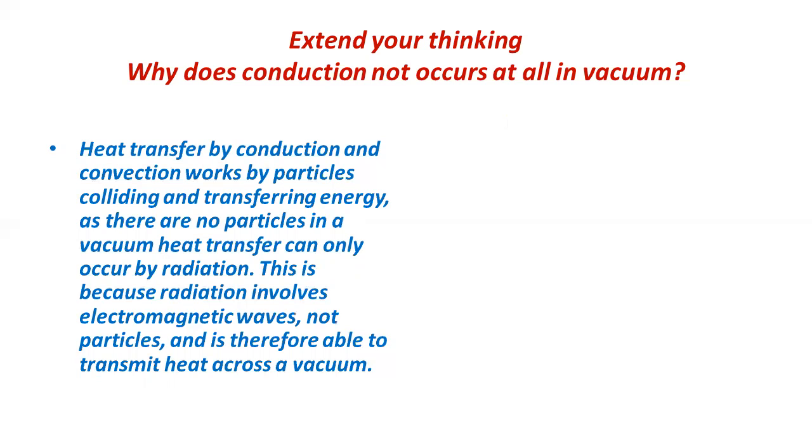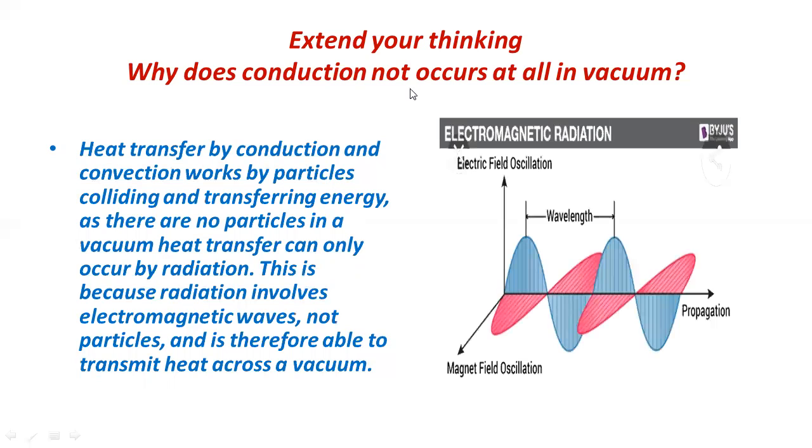Heat transfer by conduction and convection works by particles colliding and transferring heat or energy. As there are no particles in a vacuum because there is no air, heat transfer can only occur by radiation. So in a vacuum, the transfer of heat will take place only by radiation, which we will discuss in other topics.